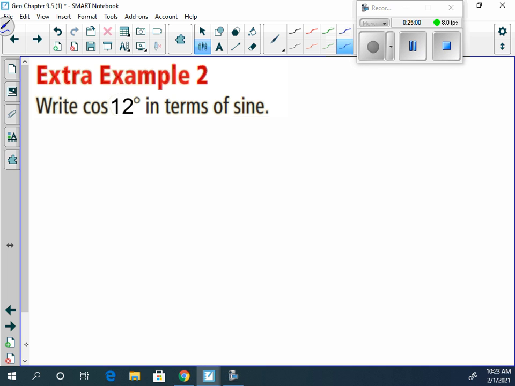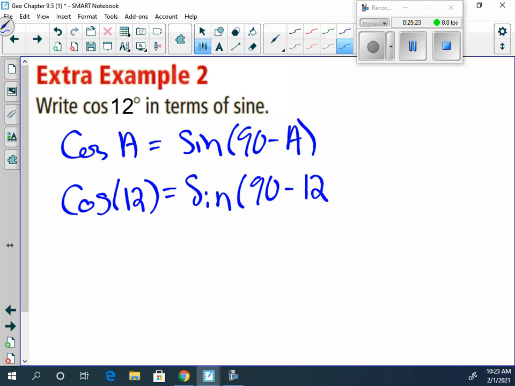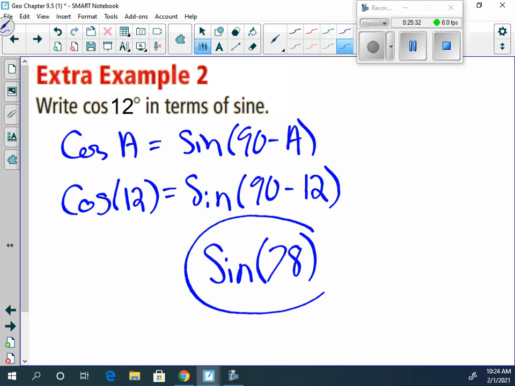So if I wanted to write cosine of 12 in terms of sine, well, we can go back to the formula: cosine of A is equal to sine of 90 minus that angle. So cosine of 12 is equal to sine of 90 minus 12, which tells us our answer would be sine of 78.